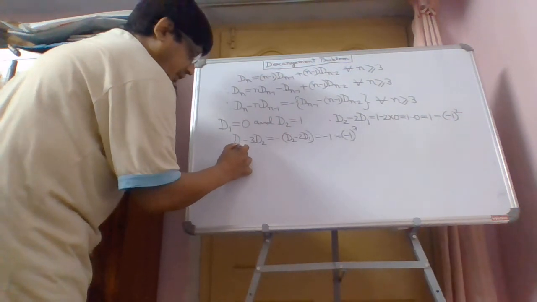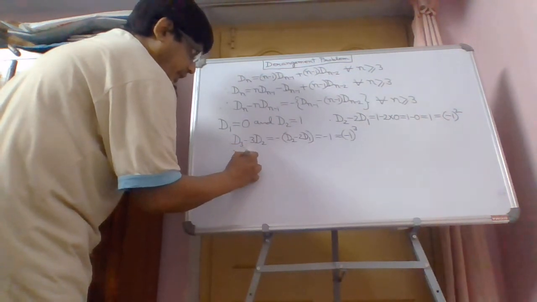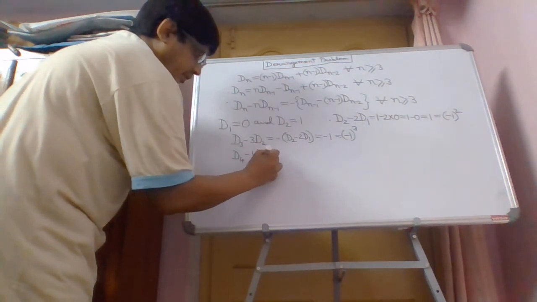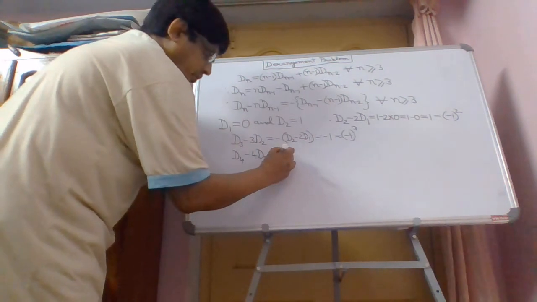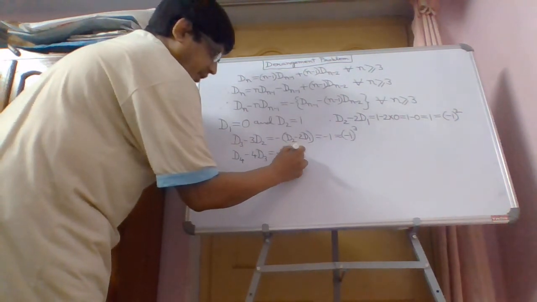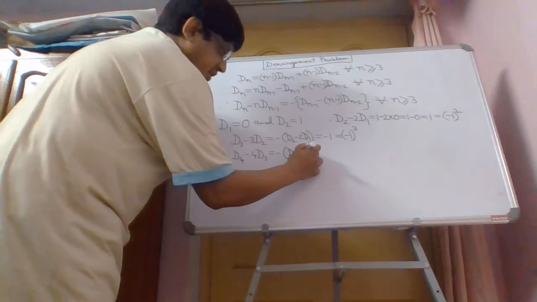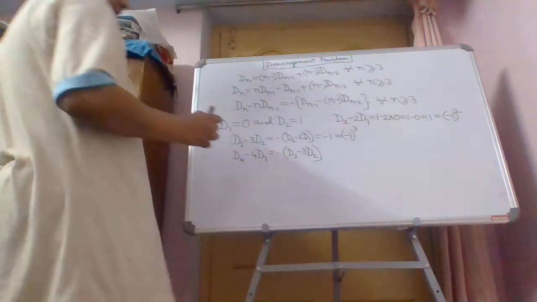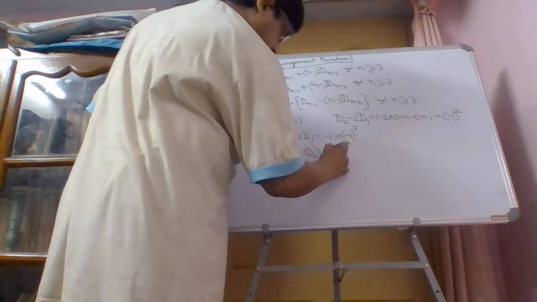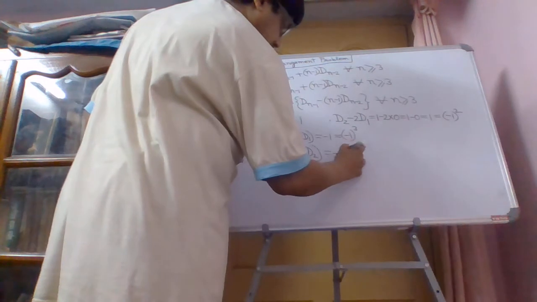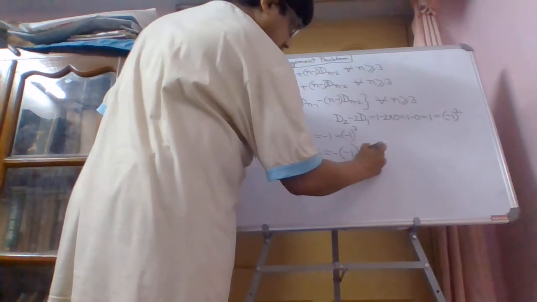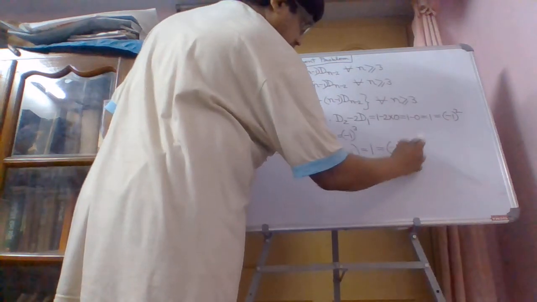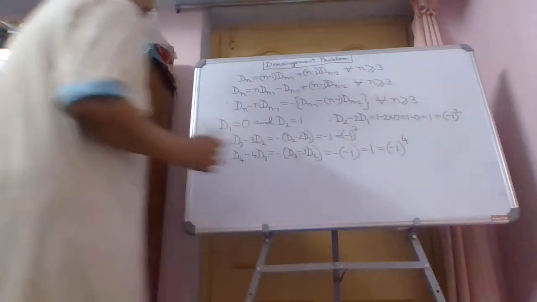Similarly, if we substitute n is equal to 4 in the above relation, we get d4 minus 4 d3 must be equal to minus of d3 minus 3 d2, and that must be equal to minus of minus 1, which is equal to 1, and that must be equal to minus 1 whole to the power 4.